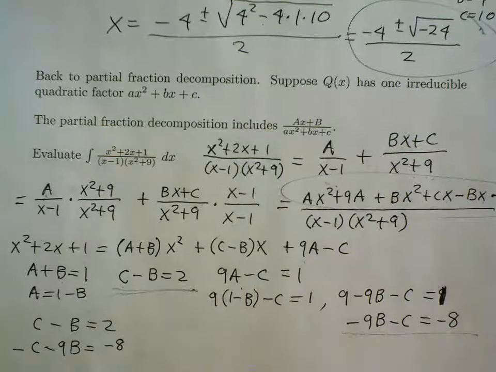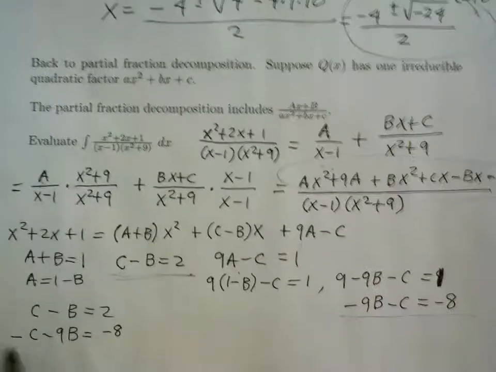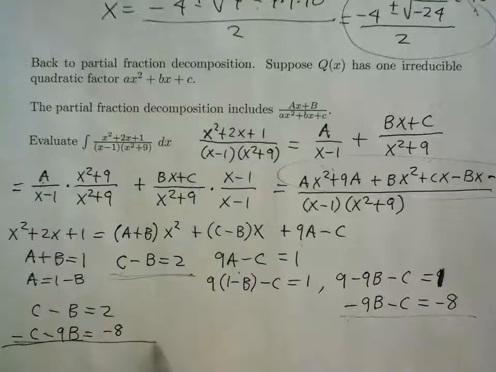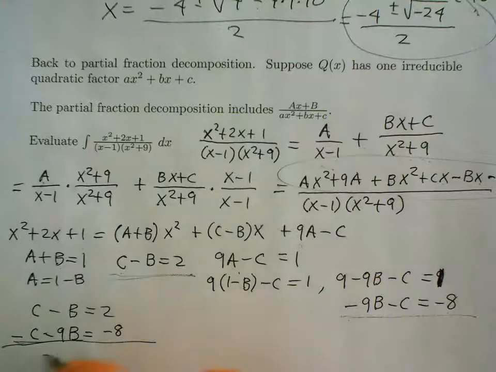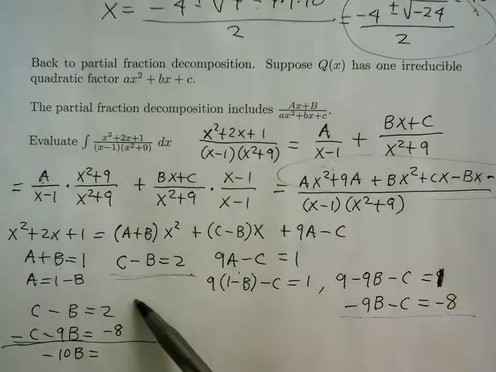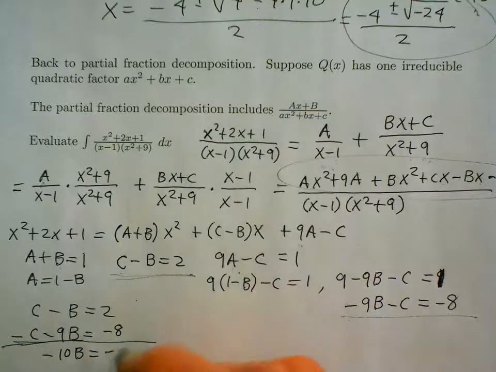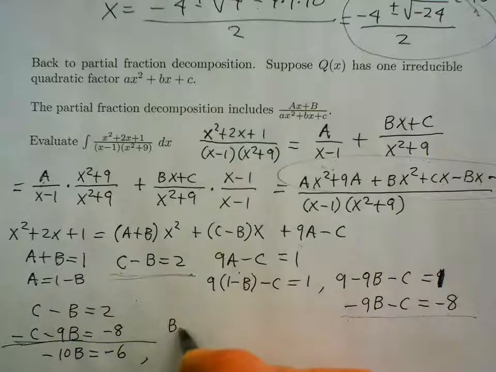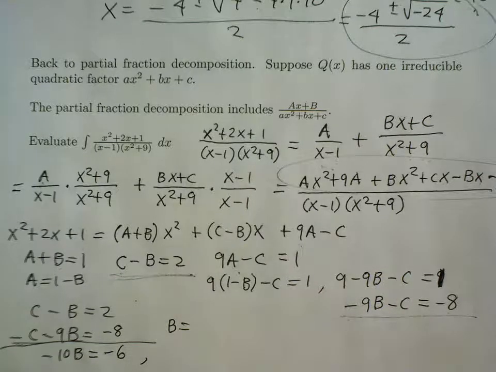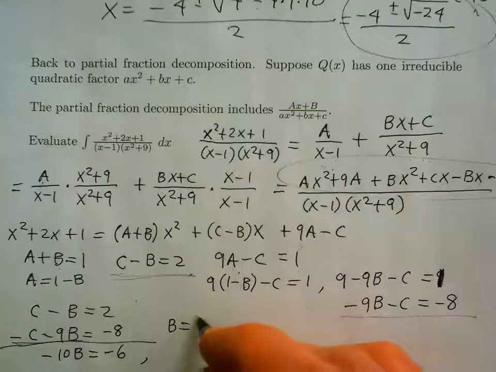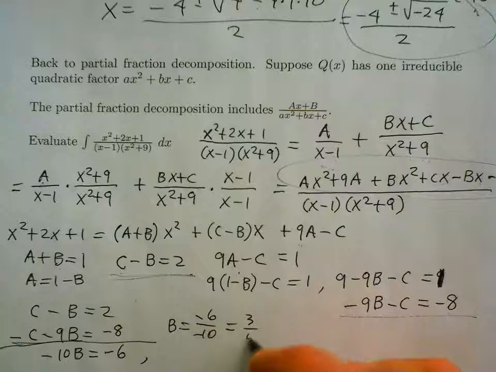When we add these 2 equations, C plus negative C is 0, negative B plus negative 9B is negative 10B, and on the right-hand side, 2 plus negative 8 is negative 6. So the value of B is negative 6 over negative 10, or positive 3/5.